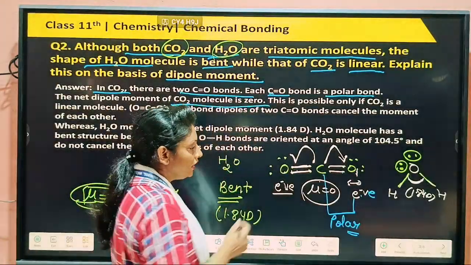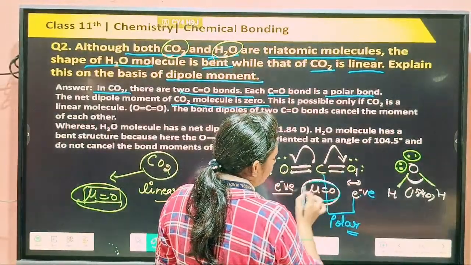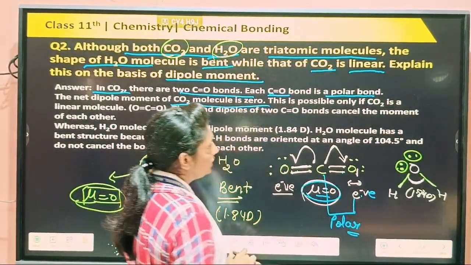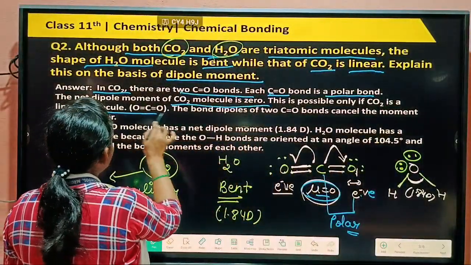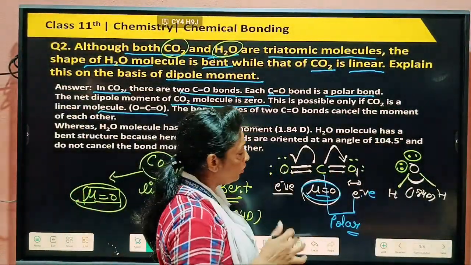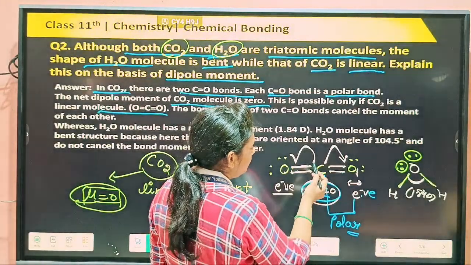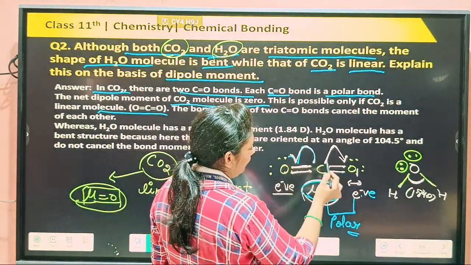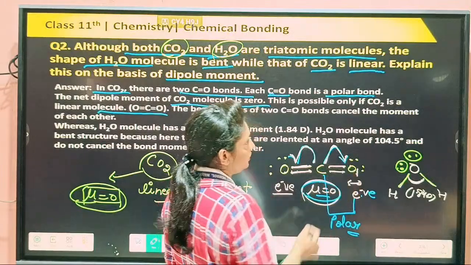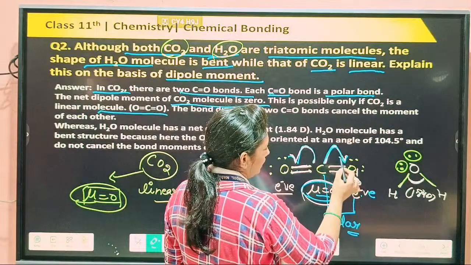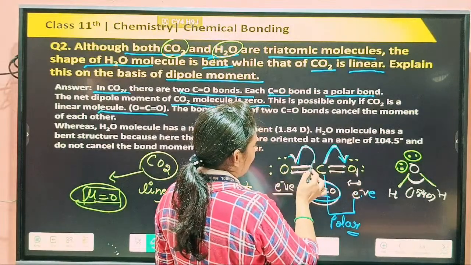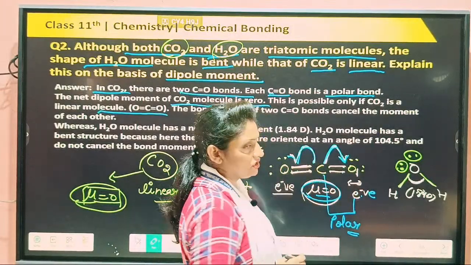But students, here the net dipole moment of CO2 is 0, and this is possible only if CO2 is a linear molecule, with linear structure, because they can cancel the moment of each other.